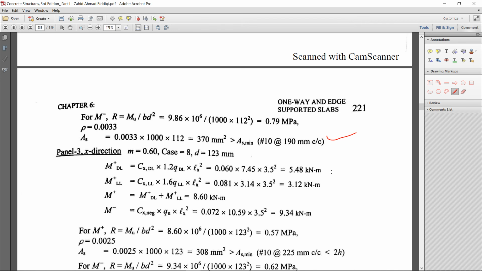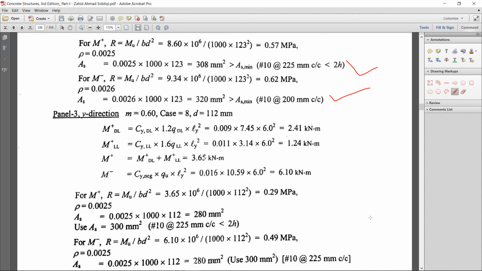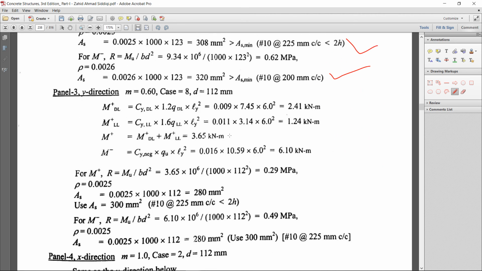Now similarly for panel 3, you will pick the coefficients and calculate the moment and the area of steel. So here is the moment, positive moment, negative moment. So here is spacing for the panel 3 in the X direction. Similarly, positive moment, negative moment, area of steel in the Y direction.